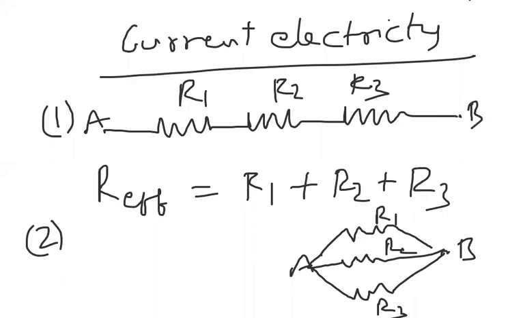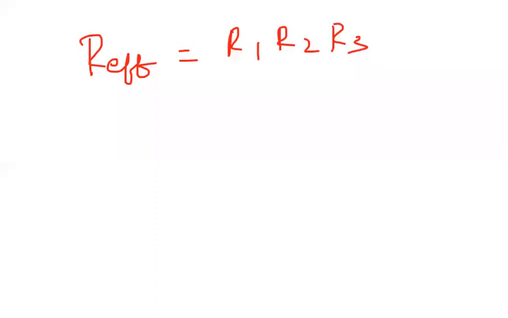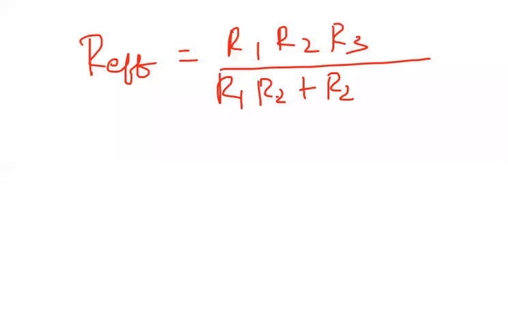So now what we can write in this regard: 1 by R effective is equal to 1 by R1 plus 1 by R2 plus 1 by R3. So now the effective resistance formula we can write like that. Further, if you take LCM and reciprocal, you will get R effective equal to R1 R2 R3 divided by R1 R2 plus R2 R3 plus R3 R1.